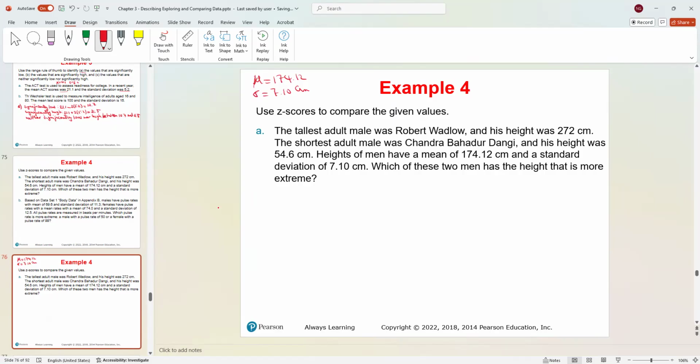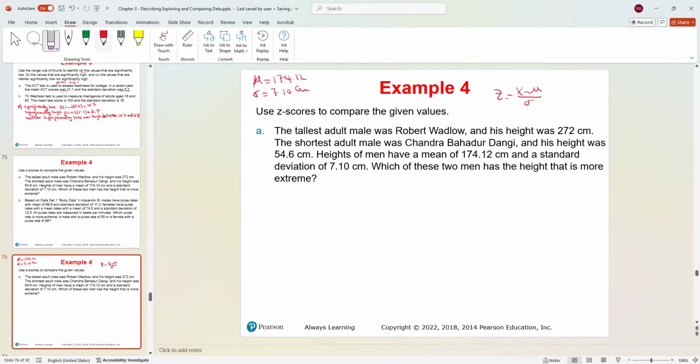So in an exercise like this, the first thing to do is find the z-score for each of them. Remember, we have the mean and we know z is x minus the mean over sigma. We know the mean, we know x.